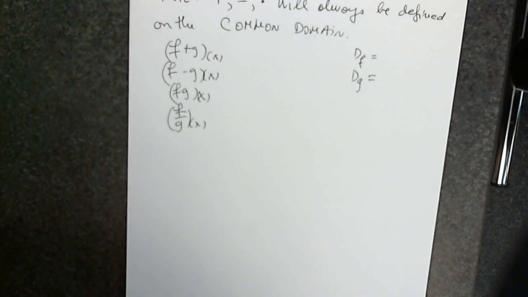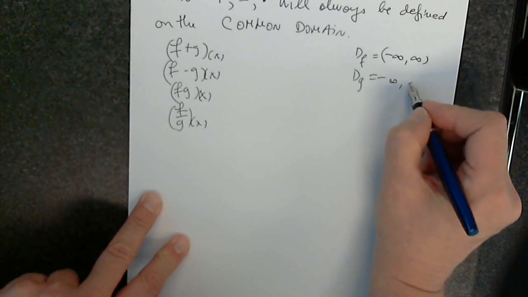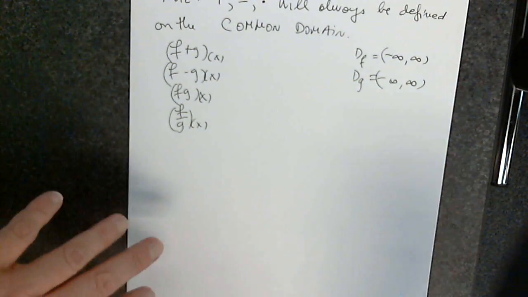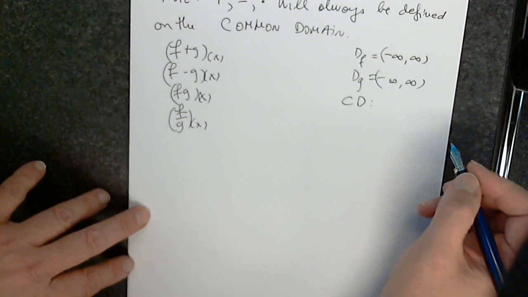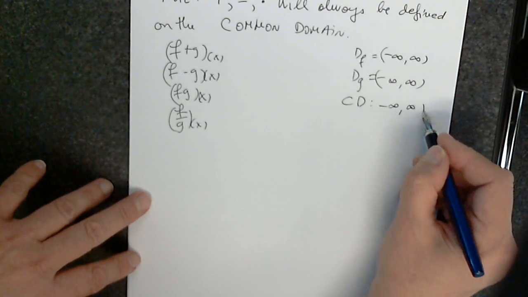No. So what is the domain of a polynomial function, no matter what polynomial function I look at? All real numbers. Polynomial functions have no restrictions, friendly functions, defined everywhere. So then what would be the common domain? Right, negative infinity to infinity.